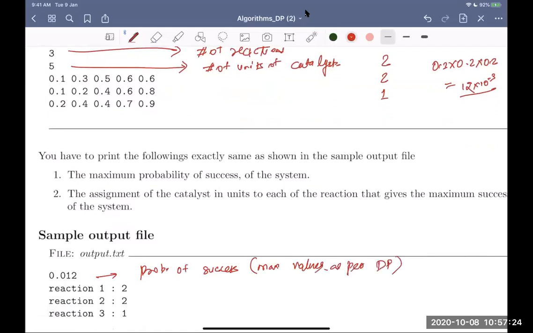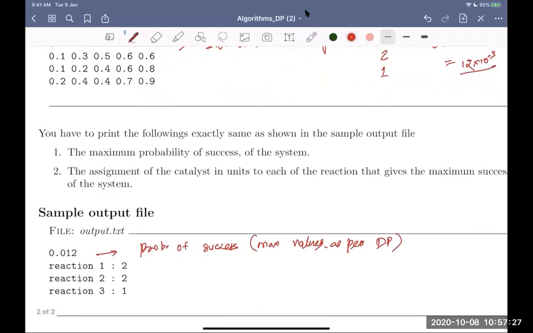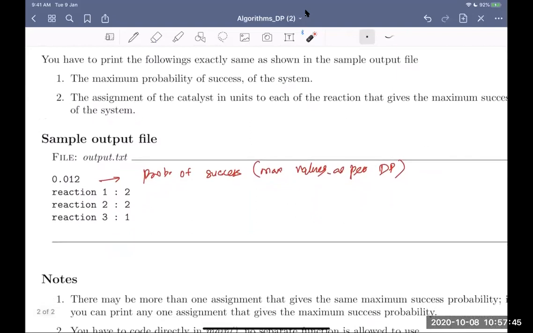And you also have to say what the assignment of catalyst units to each reaction is. Like here, reaction 1 was assigned 2 units, reaction 2 was assigned 2 units, and reaction 3 was assigned 1 unit. That is what you also need to print. And this is how your output file should look. And you have to print this in a file, not on the terminal.